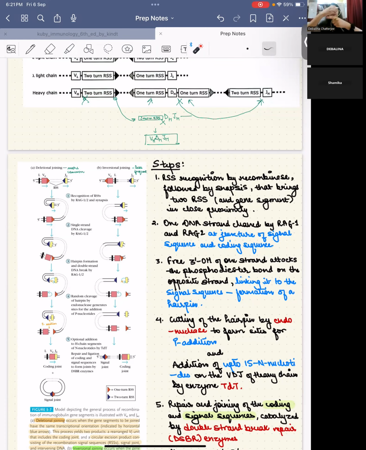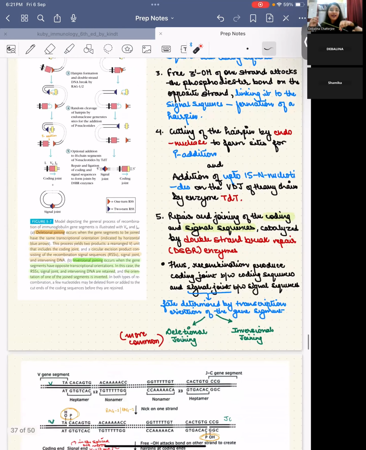So if you look here, let's just assume that one gene segment is out of the picture right now. It has already been cut off as a separate entity. So what we see here is something that looks like this. This is a hairpin structure that is formed because of this attack. Now we will have endonucleases which can randomly cut at this hairpin.